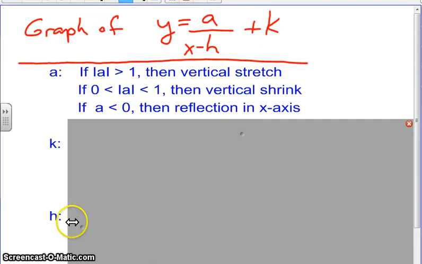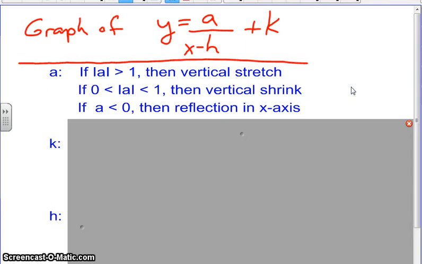But if a is greater than 1, it's not always a stretch. You have to take into account what it's over. Like if we have this type of equation, y equals 2 over 3x, really a is 2/3, not 2. Okay? So you have to say, what is the entire value worth?